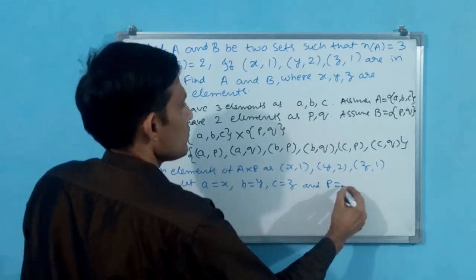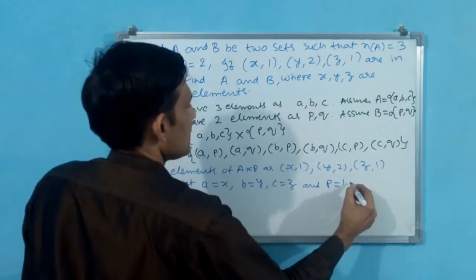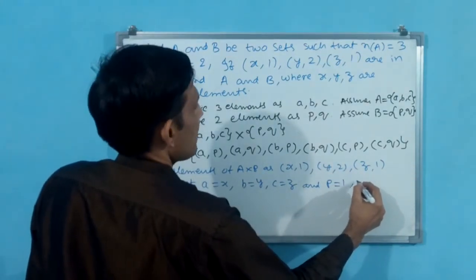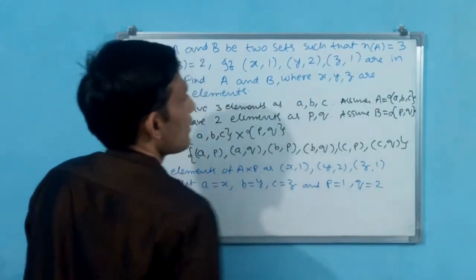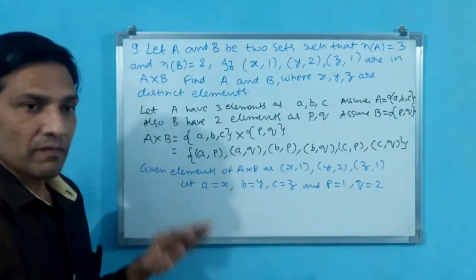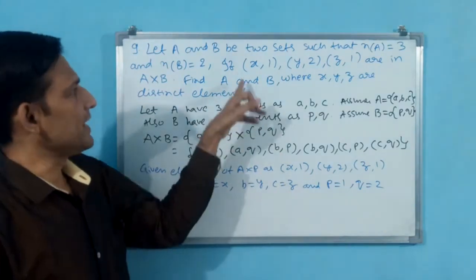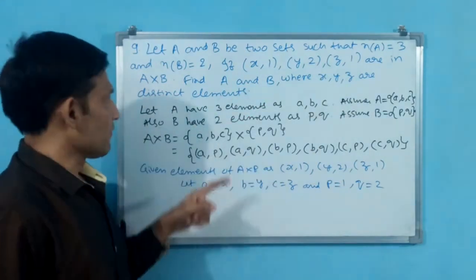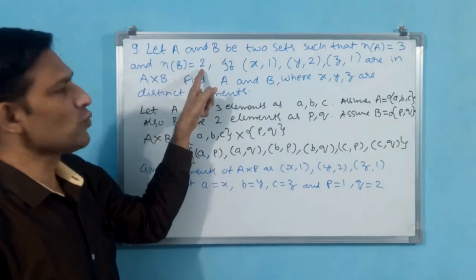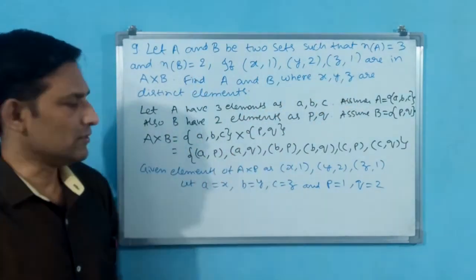And p is equal to, say, 1, q is equal to 2. Why? Because see, how do these have to match? For A, we have to match 3: x, y, z. For B, you have to match two elements, 1 and 2, which are repeated.